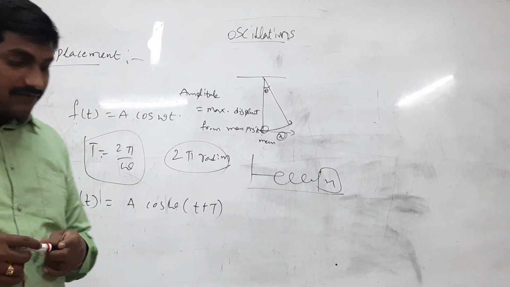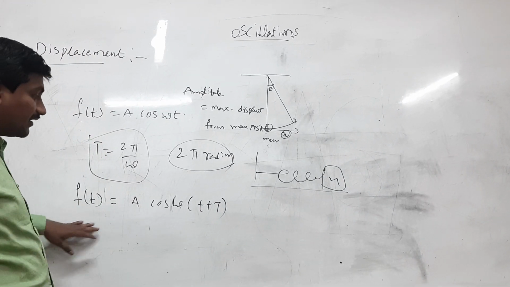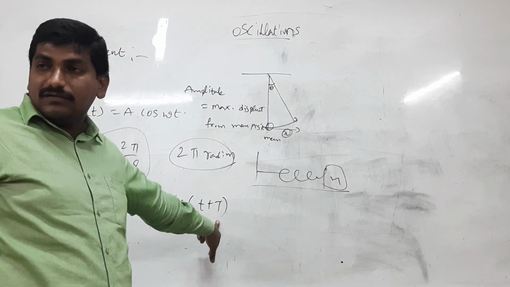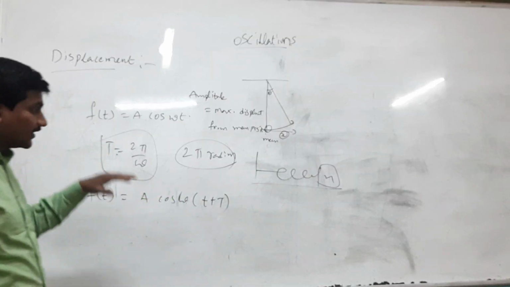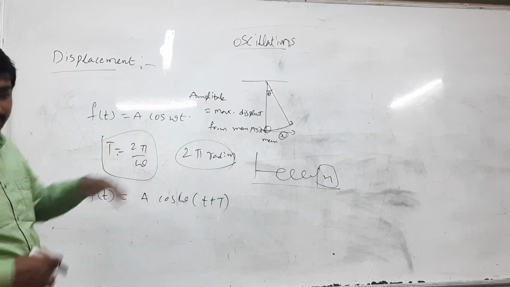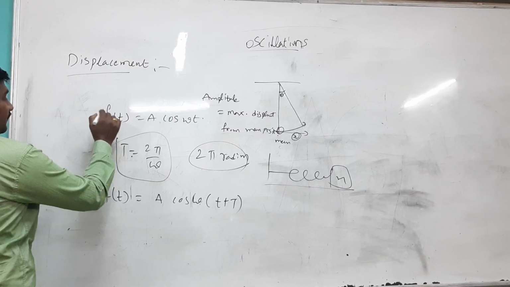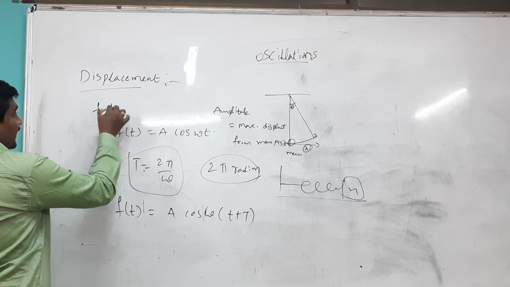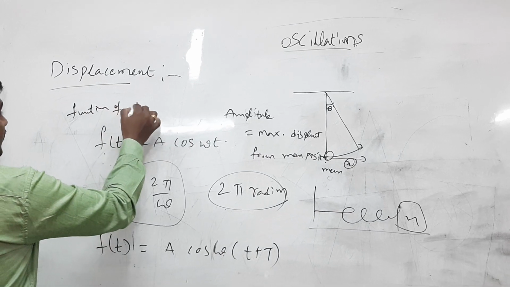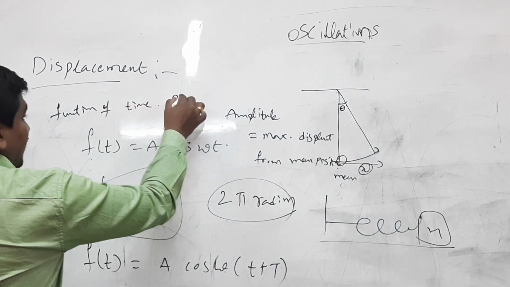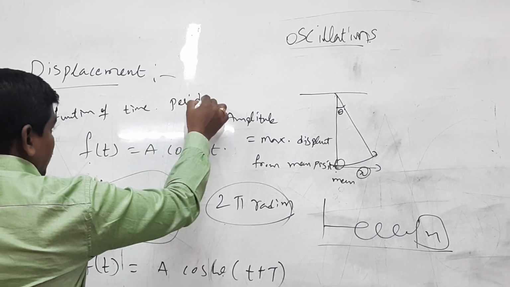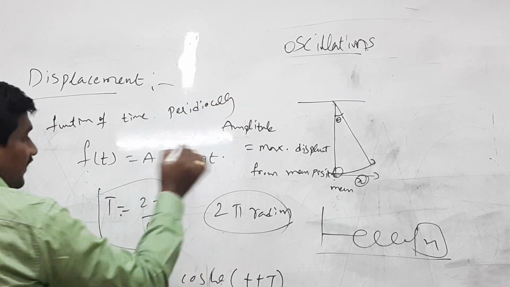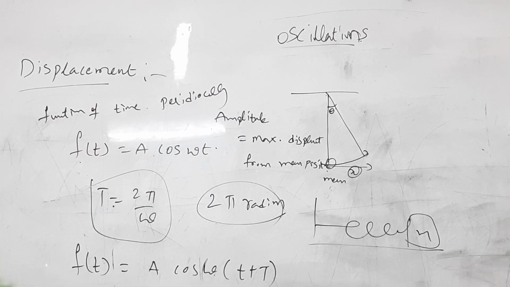So the function f of t is periodic with capital T, we can say. This is with the small t. The function of time periodically, f of t equal to a cos omega t, which we considered initially.